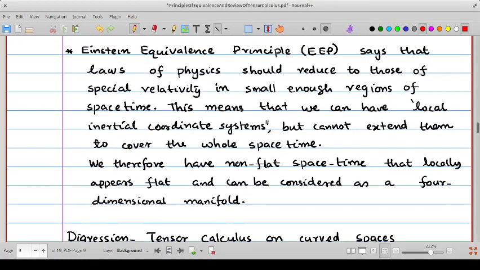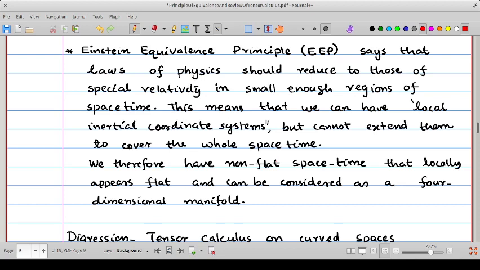Now, while discussing the Einstein equivalence principle, we have mentioned that we will be able to construct local inertial coordinate systems which will appear flat locally, that is in an infinitesimally small region of space-time around the point at which we construct this local inertial coordinate system. And in a small enough region of space-time, the laws of physics should reduce to those of special relativity.